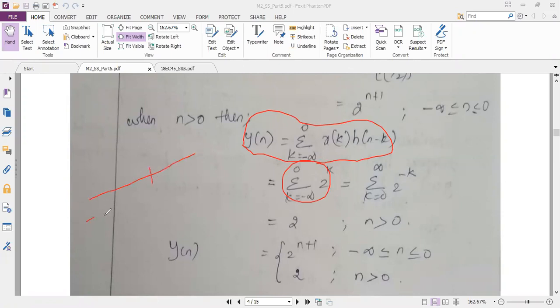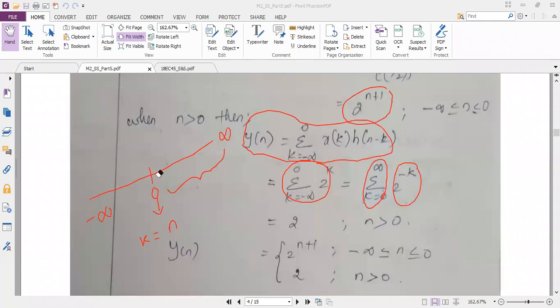I have written minus infinity to 0 earlier, and I have solved 2 power n plus 1. Now this 0, I took it as n because k is equal to n. In the same context, I have the outputs even for 0 to infinity also. So directly I will write y of n is equal to 0 to infinity 2 power minus k.